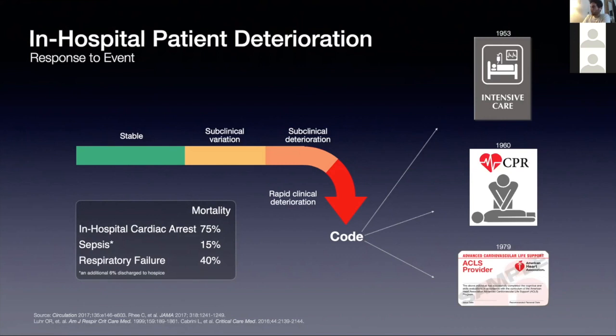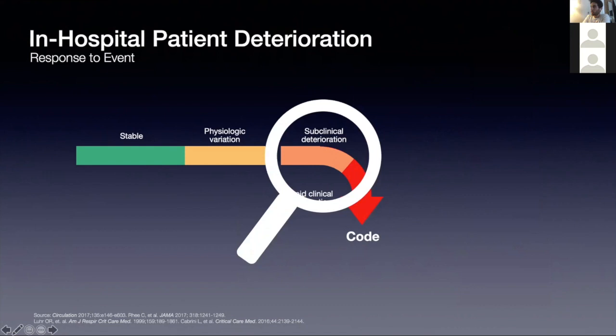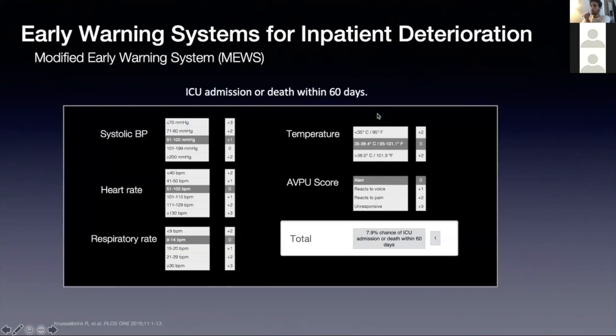So now looking at the same arrow, I want to highlight this area. This is really where the money of AI and ML is. Because if we can feed data into an algorithm, we can predict if you're going to code or not, and then hopefully save lives. So right now, this is the norm at most hospitals. It's called the Modified Early Warning System.